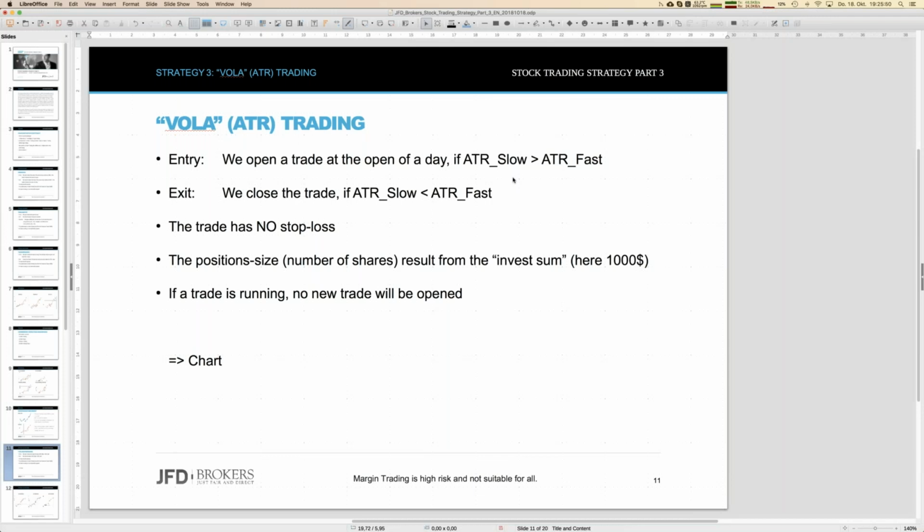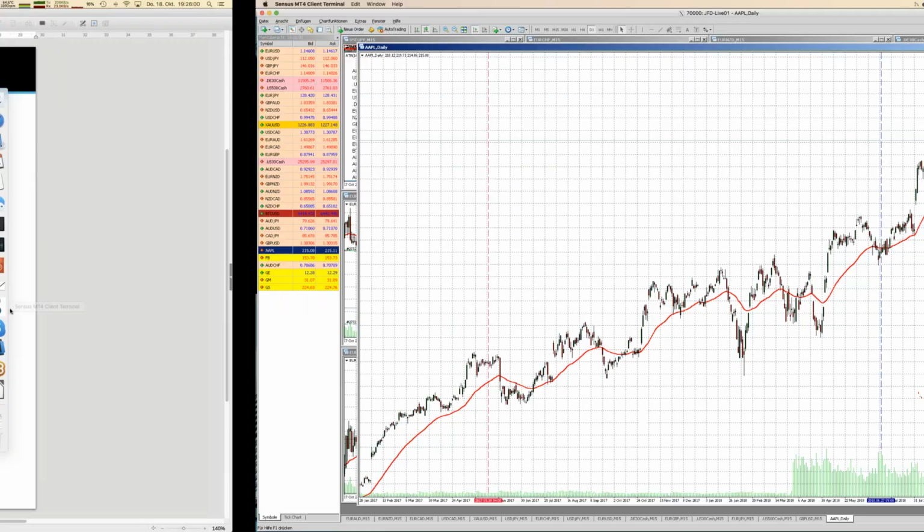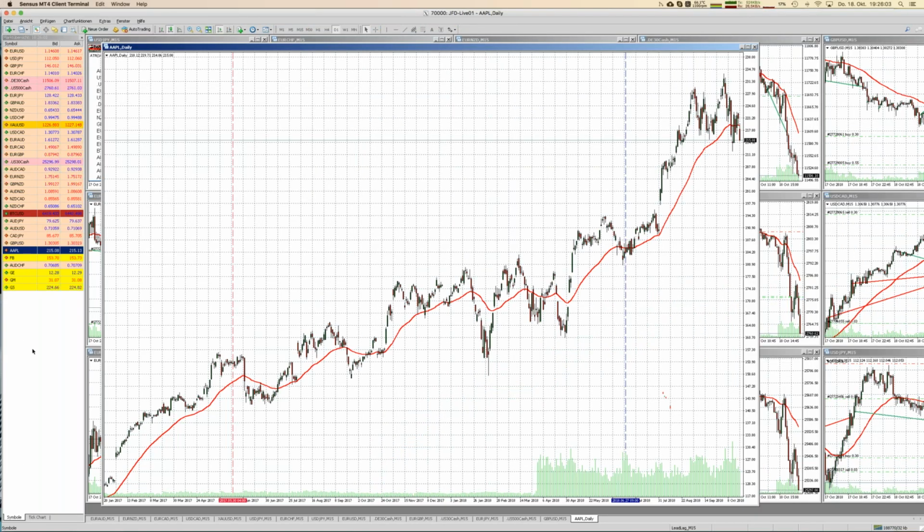That can create higher numbers, and then we can compare that fast ATR to the slow ATR. Let me show you in a chart what I mean. So we have here the Apple price, and now we want to have an ATR within that.